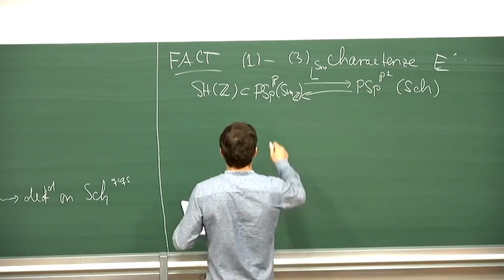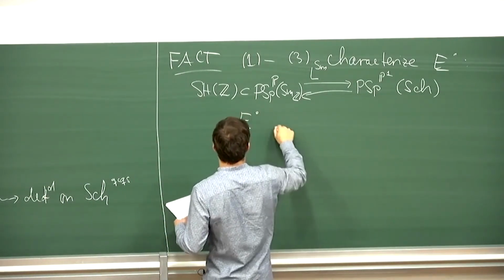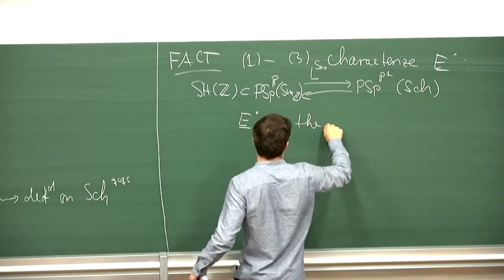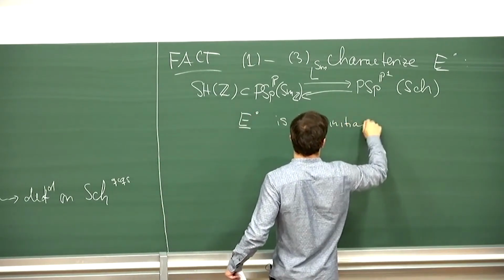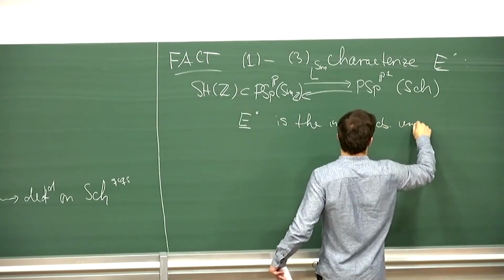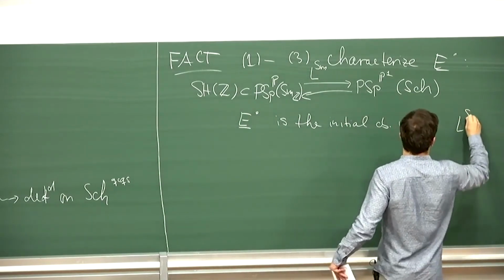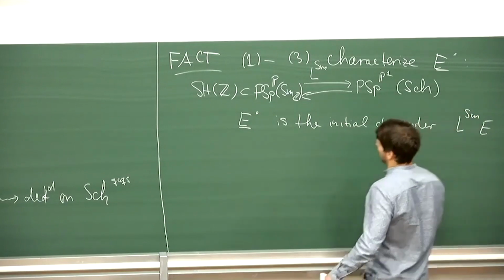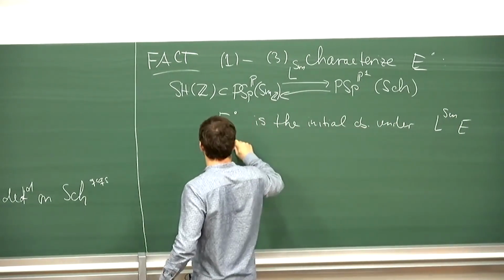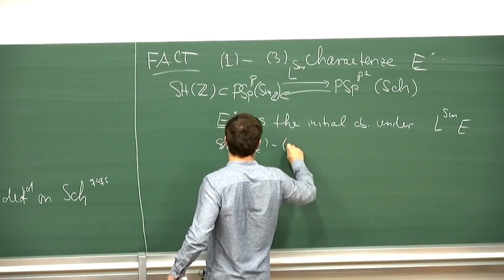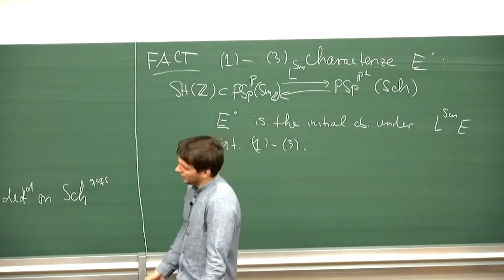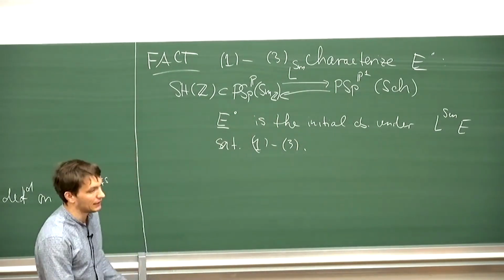So E underline bullet is the initial object under L_smooth E satisfying 1 to 3. So what do you need to do if you want to figure out what HC underline is?